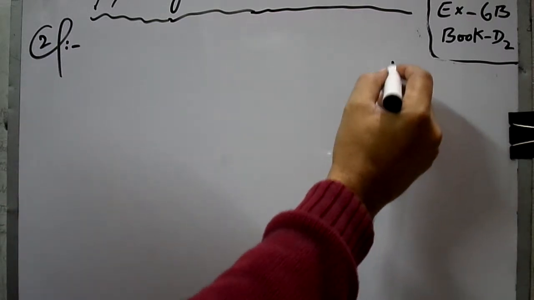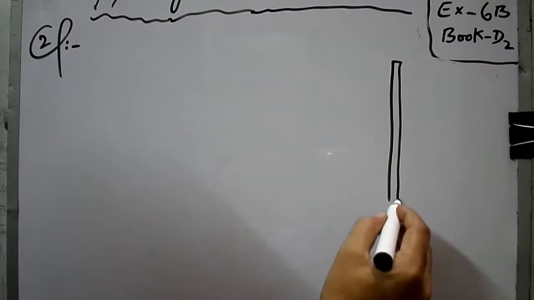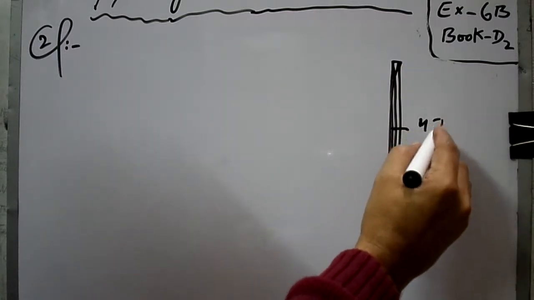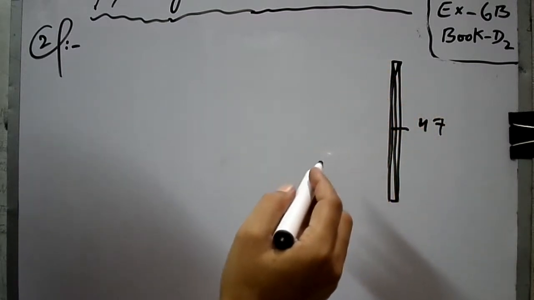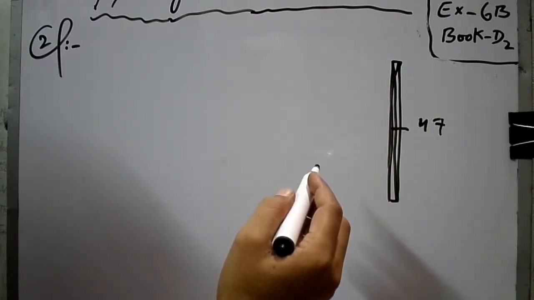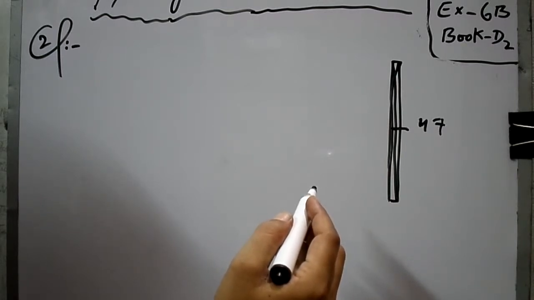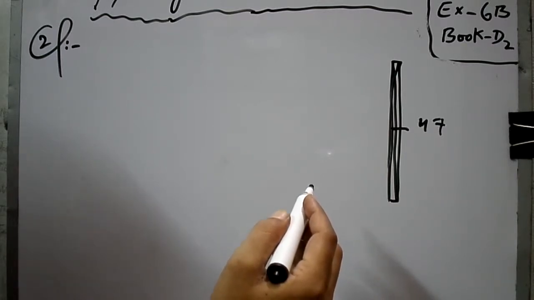For example, that is your post which is having a height approximately 47, and by a wire to its top to a point on level ground 18 meter from the foot of the post.